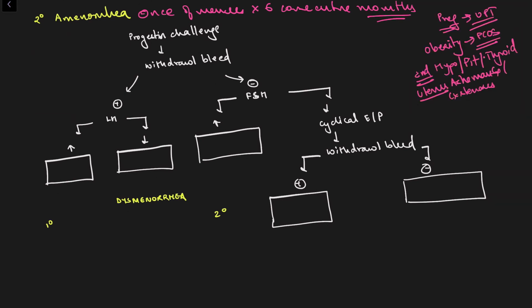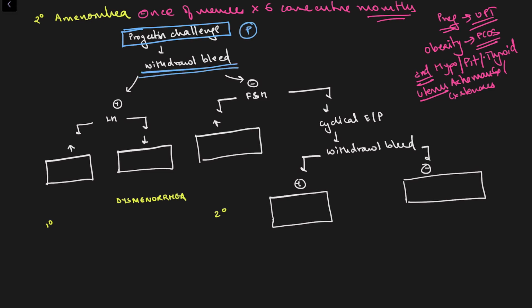Let us look at the diagnostic workup, and this chart is sufficient to know secondary amenorrhea, right? So what do we do when a patient comes with secondary amenorrhea after ruling out pregnancy? We give her progesterone. We do a progestin challenge test, and then we see if there is any withdrawal bleed present.